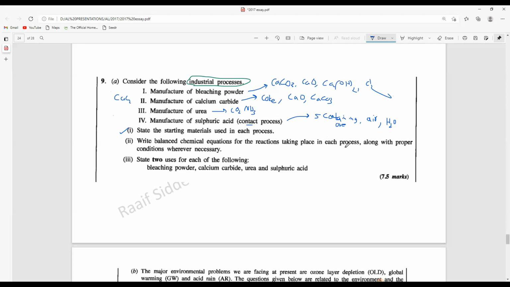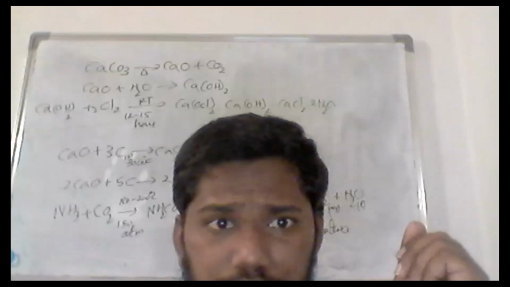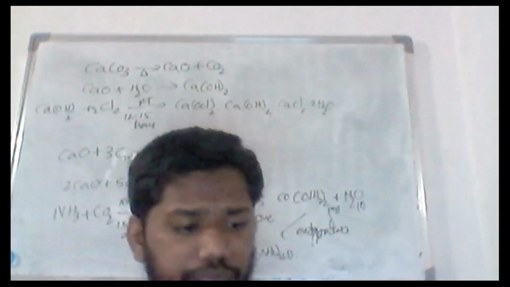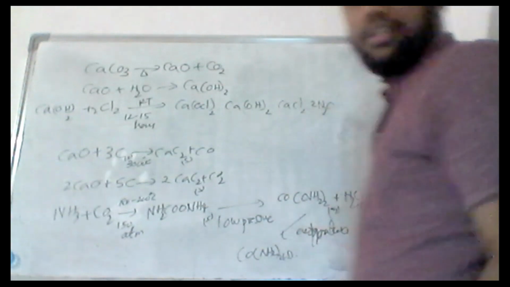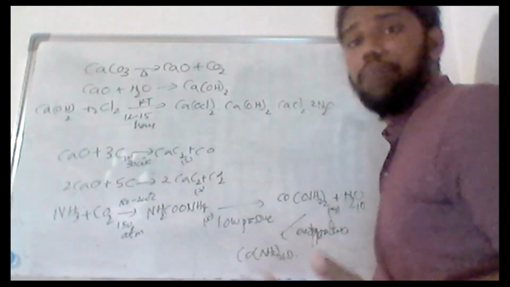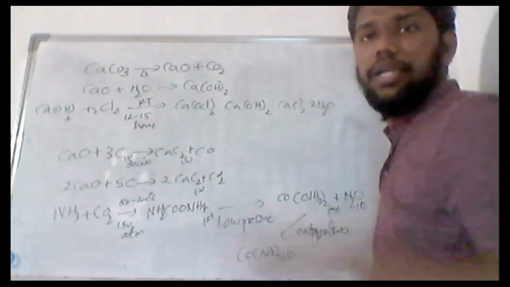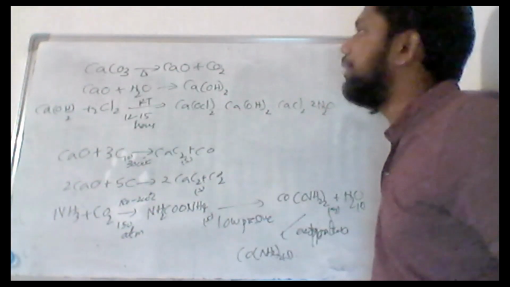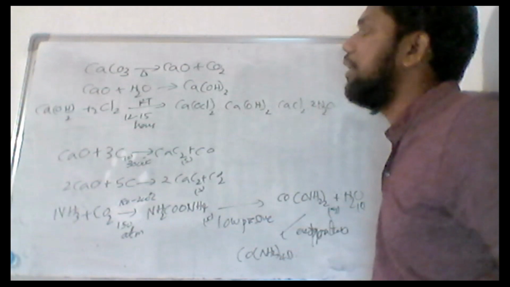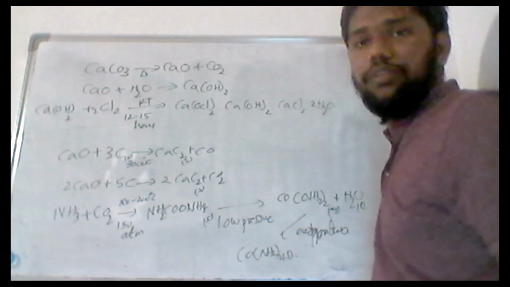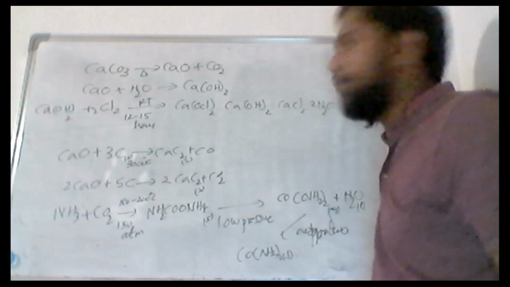Write the balanced chemical equation. To prevent it being time consuming, I have given these reactions directly on the board for a few. First one is for bleaching powder. Initially you have calcium carbonate, and you heat at high temperature, then you get calcium oxide and carbon dioxide, and then with water it will form the slaked lime from the quicklime.